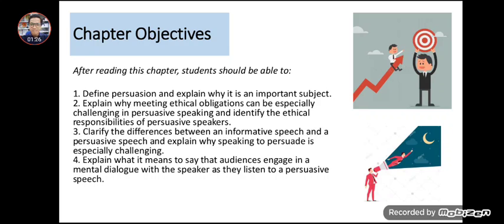Next, you should be able to explain what it means to say that audiences engage in a mental dialogue with the speaker as they listen to a persuasive speech.